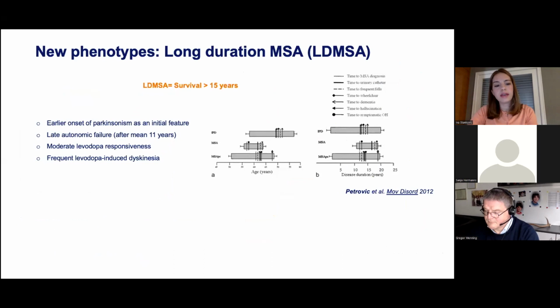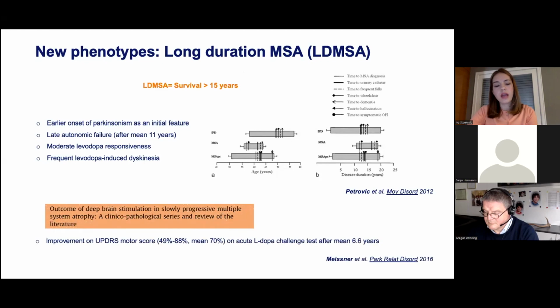These patients had moderate levodopa responsiveness and frequent levodopa-induced dyskinesia, and this is the reason why these 5 patients described in the study of Vasilius Meissner and colleagues were subjected to deep brain stimulation that unfortunately was not beneficial in this case.